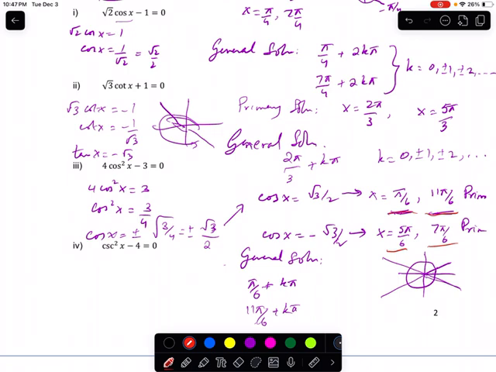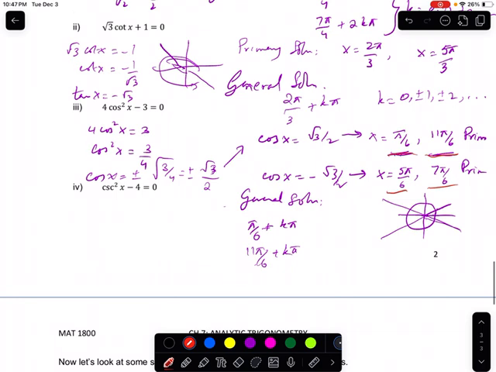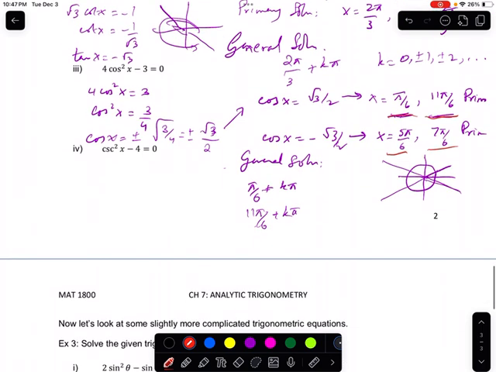In the same way over here, next example 4, we have that cosecant square x will be equal to 4. So cosecant x will be equal to plus minus 2. What does that mean? It means sine x will be equal to plus minus 1/2. So 2 equations again. So sine of x is equal to 1/2.